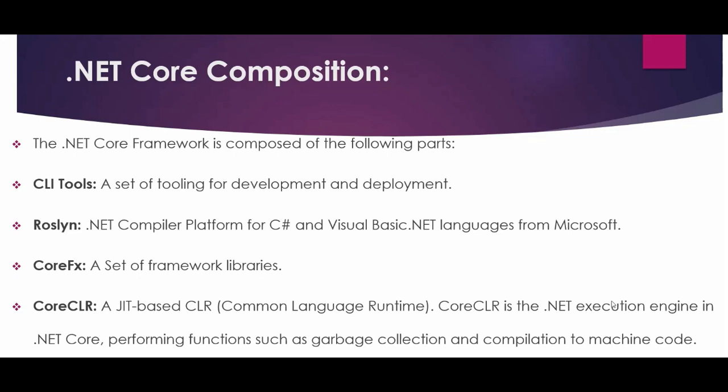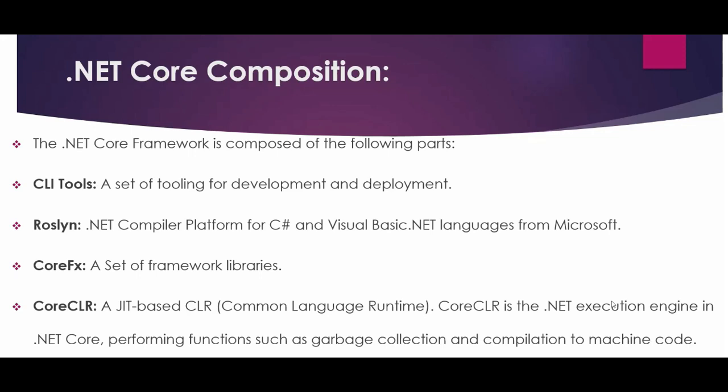So what is .NET Core composed of? The .NET Core framework is composed of CLI tools. These are a set of tools for development and deployment. It is also composed of Roslyn. Roslyn is a .NET compiler platform for C# and Visual Basic languages from Microsoft.